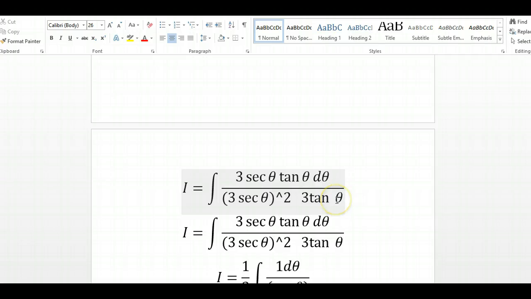So in all these trig substitution integrals, the radical part simplifies very nicely when you put the correct substitution. You may recall that when we had the square root of a squared minus x squared and we put x equals a sine theta, it simplified to give a cosine theta.